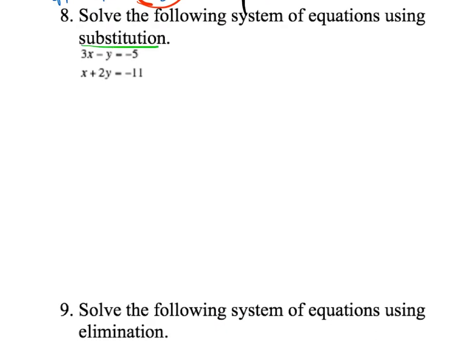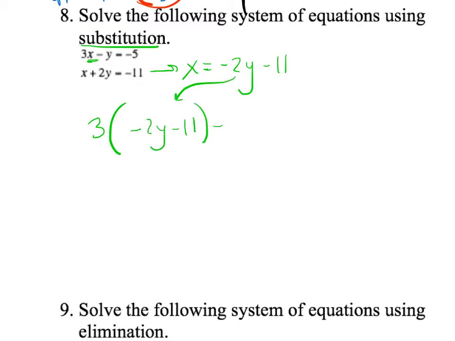All right, substitution is done by solving for one of the variables, so I'm going to solve for x, and then substitute it in for the x in the other equation. Instead of x, I'm going to put this, and then solving.